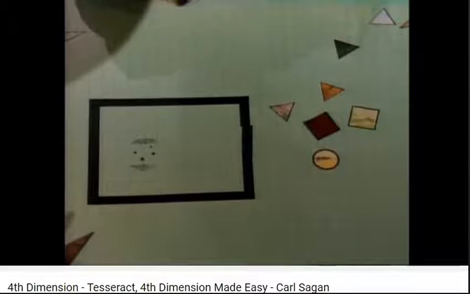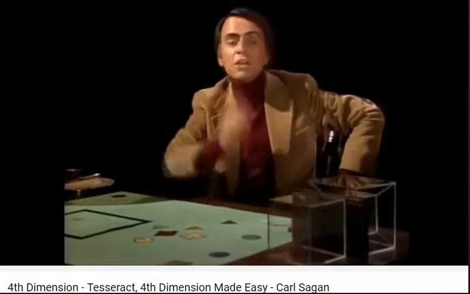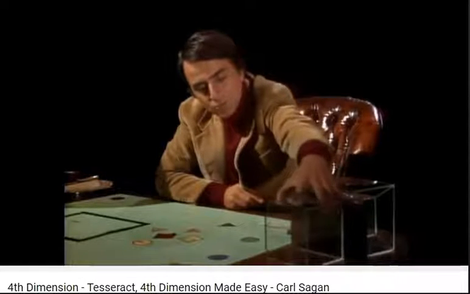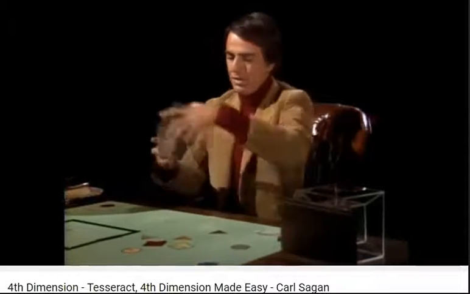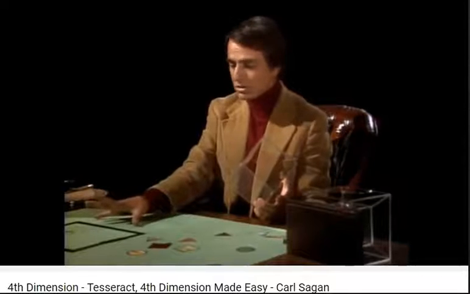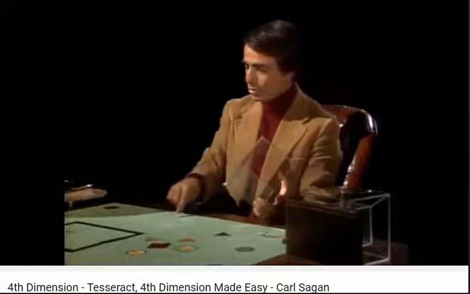But maybe more interesting is the other direction in dimensionality. What about the fourth dimension? Now, to approach that, let's consider a cube. You can imagine a cube in the following way. You take a line segment and move it at right angles to itself an equal length. That makes a square.